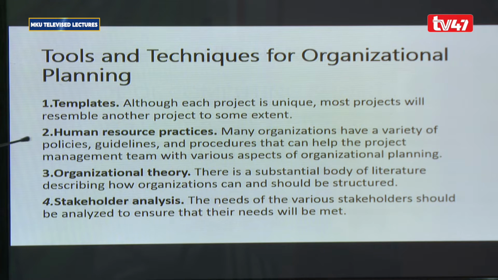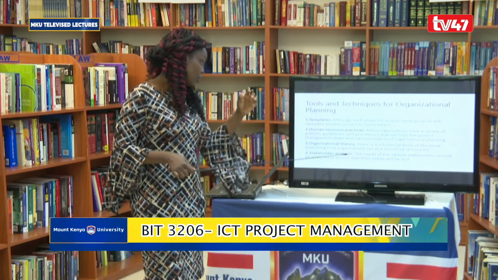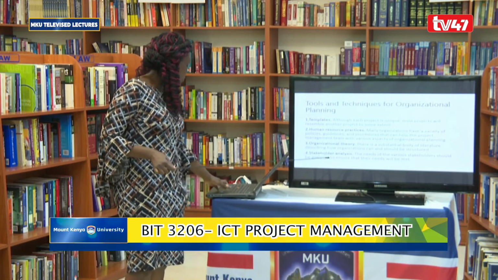All the stakeholders involved have an interest in the success of this project. You need to analyze keenly what the needs of the stakeholders are so that you make sure their needs are met. So these 4 are very critical tools and techniques that can help us when it comes to organizational planning. We move to the next.